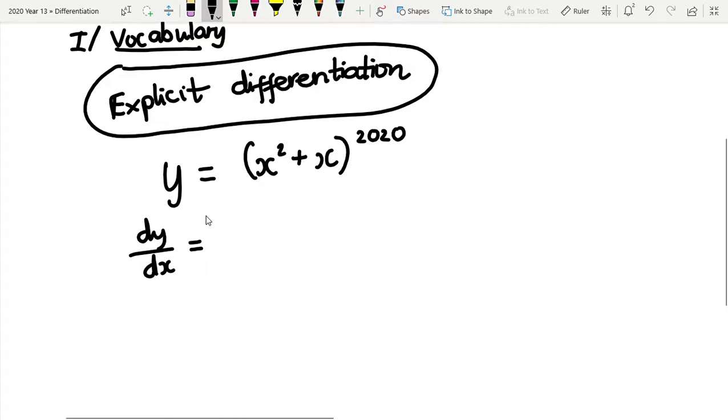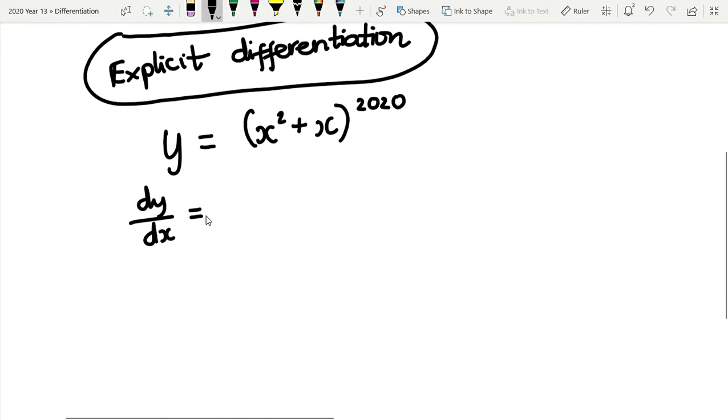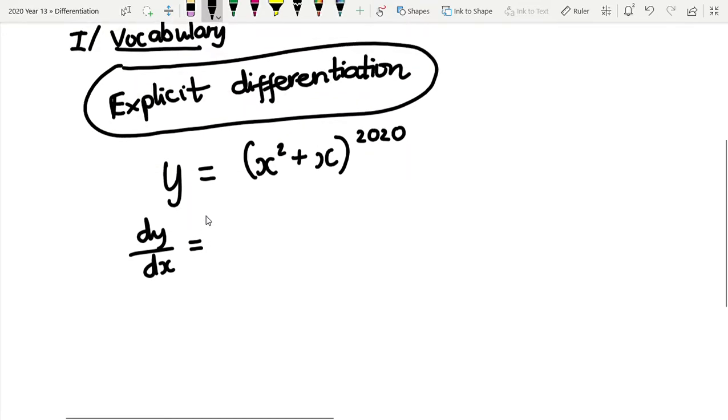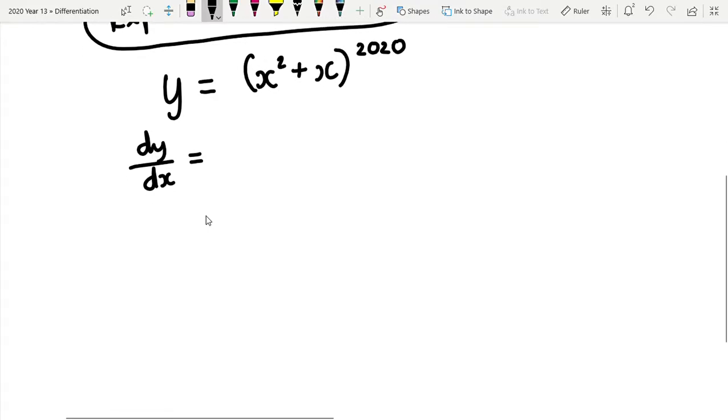So again, explicit differentiation means that y is already in terms of x, and now you're trying to differentiate y with respect to x, and the method we're using here is the chain rule. So I'm going to use the chain rule here to differentiate.